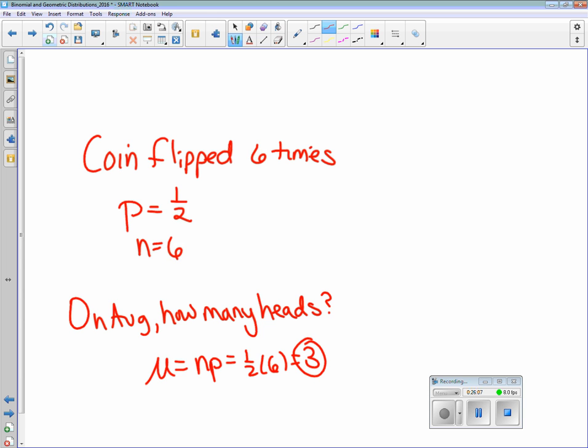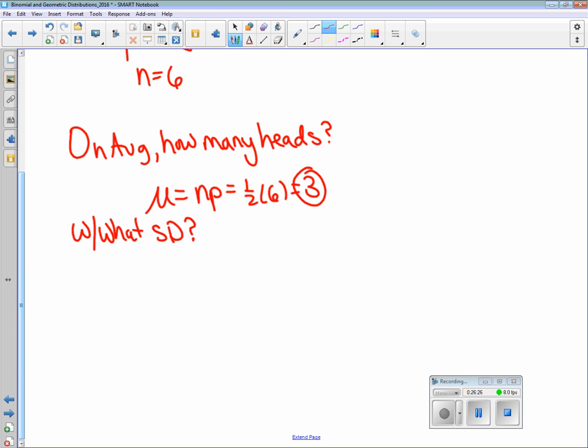If I asked you for the standard deviation, what would you do? Is that formula available to you as well? I believe it's right underneath it on the formula sheet. The reason I'm going over this is because on your homework that I just texted you, which is out of the textbook, this will come up.